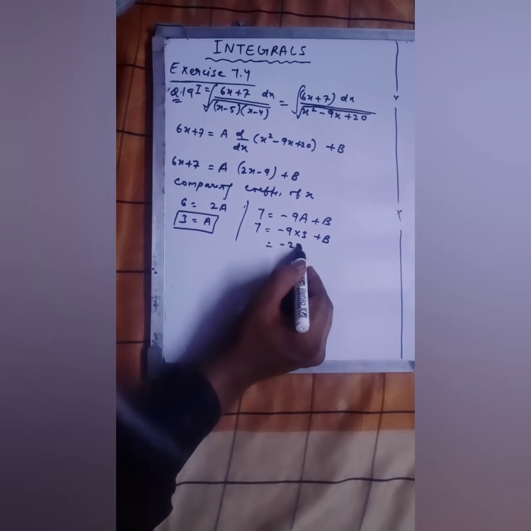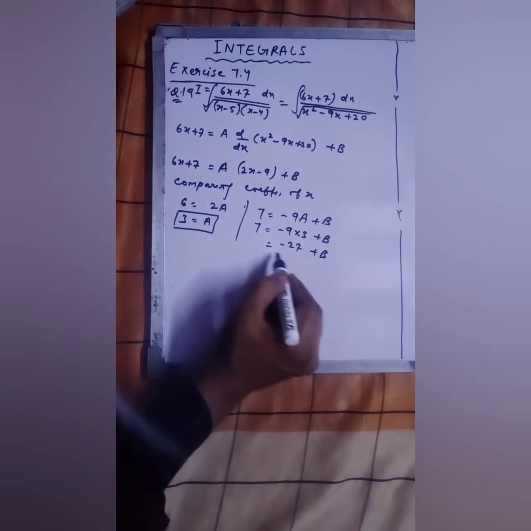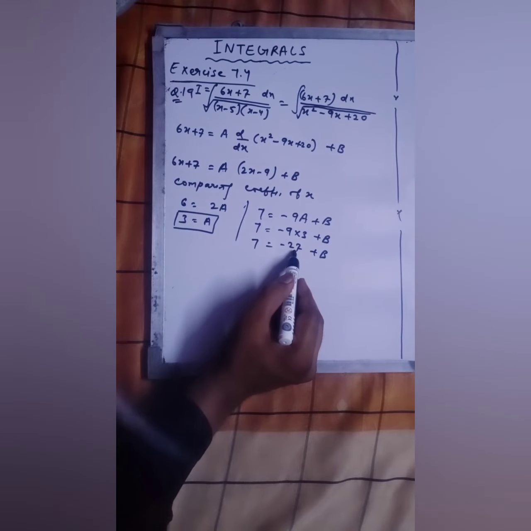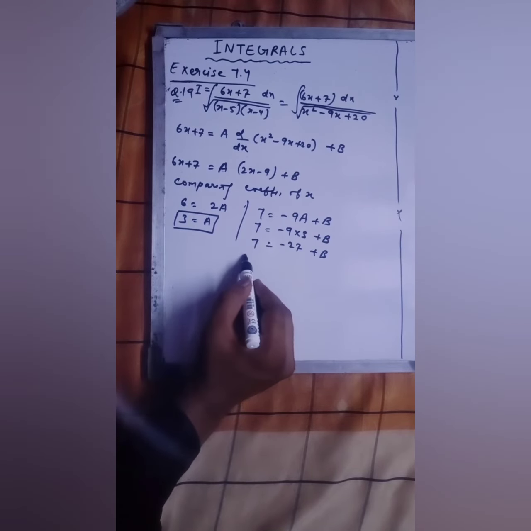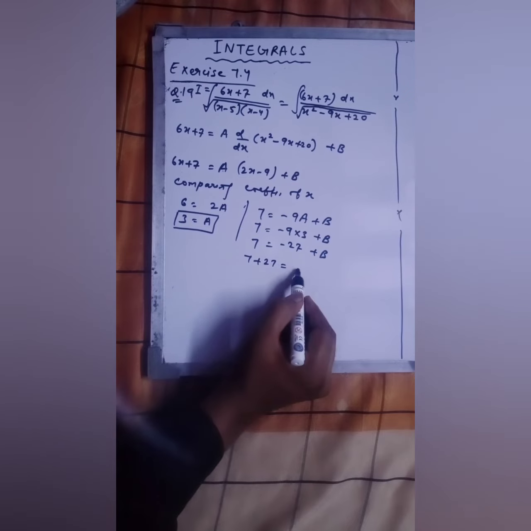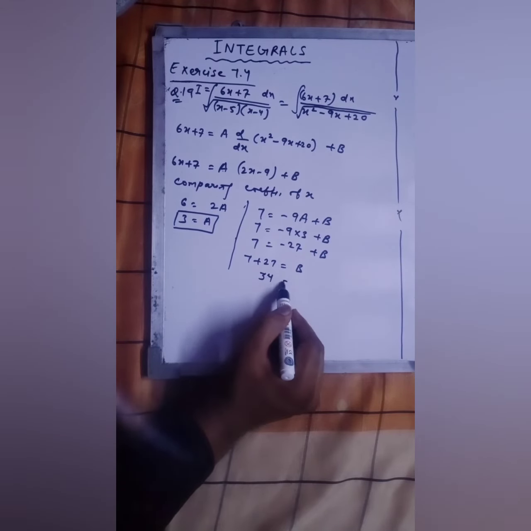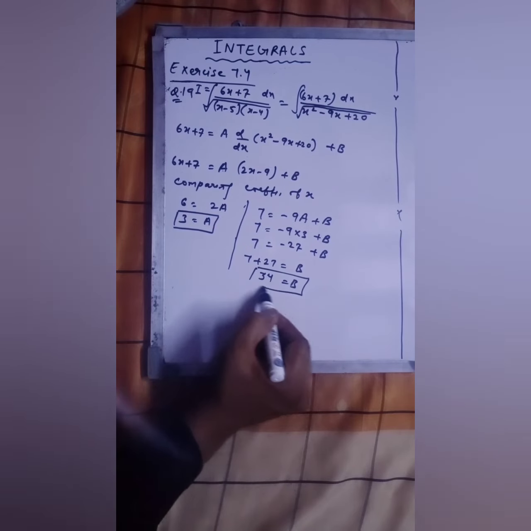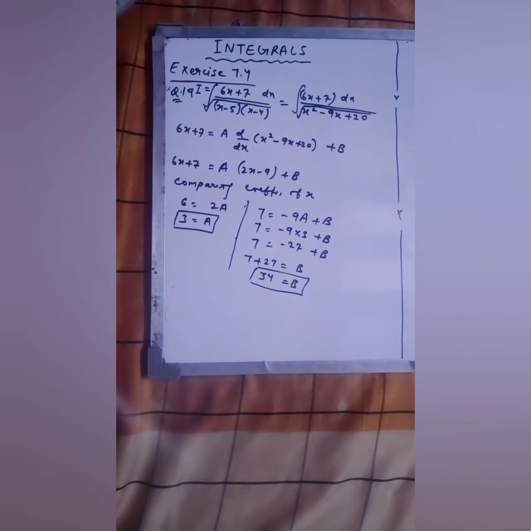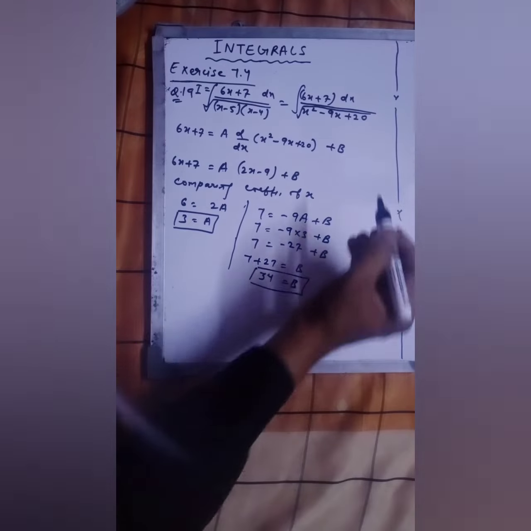So 9 threes are 27, that is minus 27 plus b is 7. You have to shift this minus 27 to this side, and you will get 7 plus 27 is equal to b, and b would be 34. Okay, so here are the values of a and b.